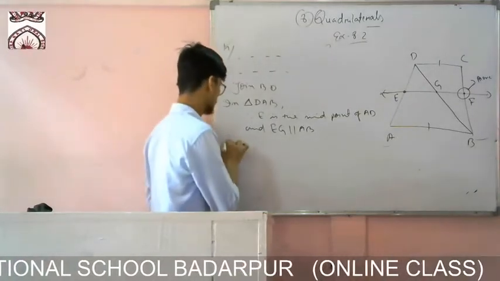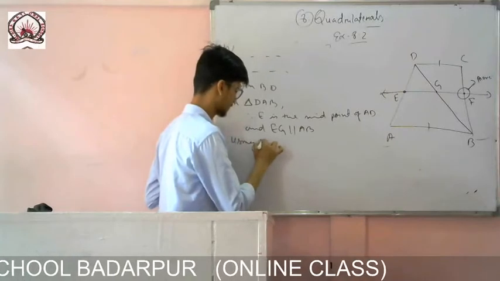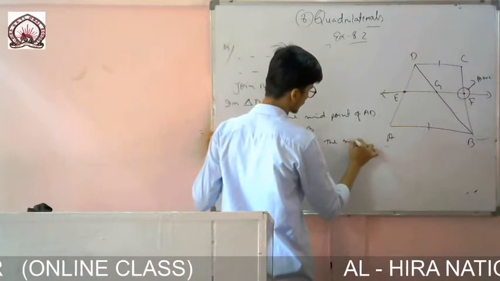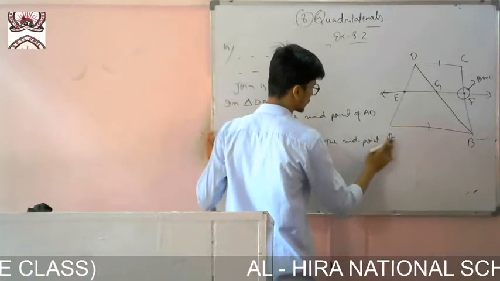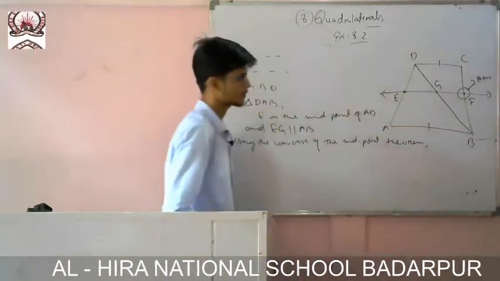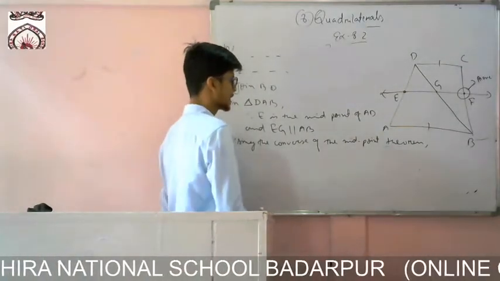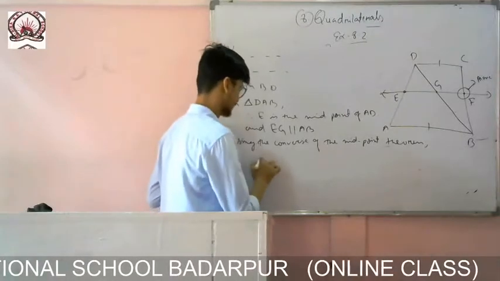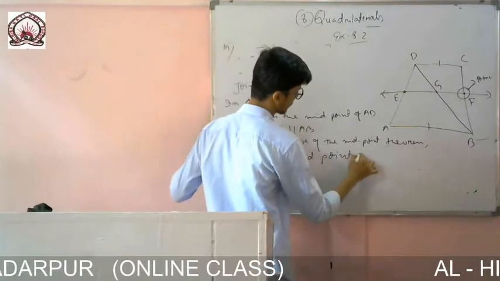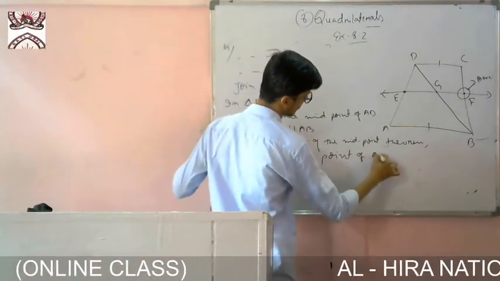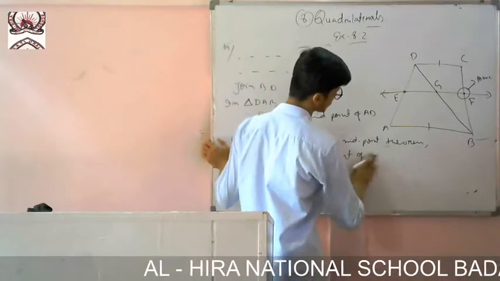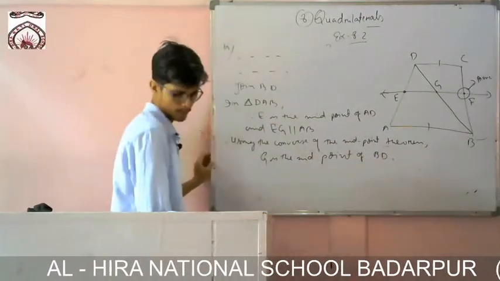So you can write, therefore, using the converse of the midpoint theorem, we can write that G is the midpoint of, sorry, BD, not AB. G is the midpoint of BD.